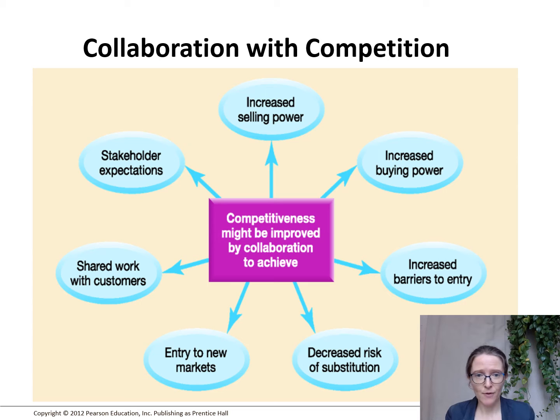By collaborating, we might also get more competitiveness in order to achieve entry into new markets, shared work with customers, and improving shareholder expectations. So those are some of the ways that by collaborating, we can potentially achieve improved competitiveness.